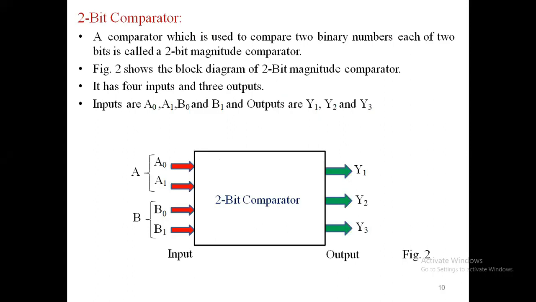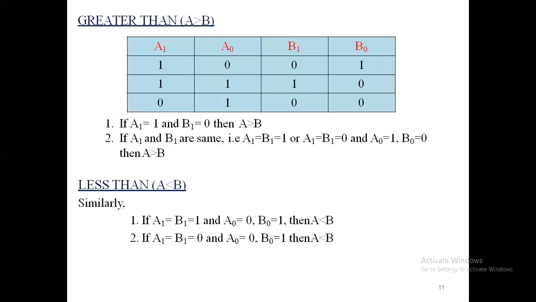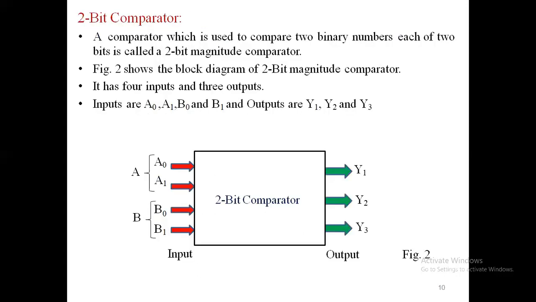So 2 into 2 is 4. 2 power 4, how many combinations? 16. 16 combinations. So for the 2-bit comparator, how many entries are there? 16 entries.